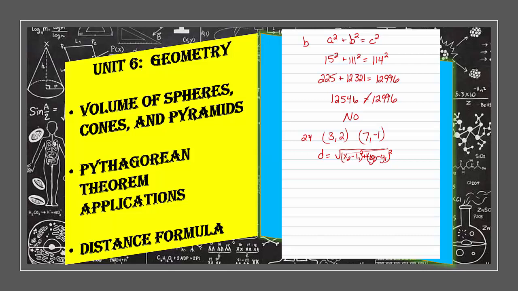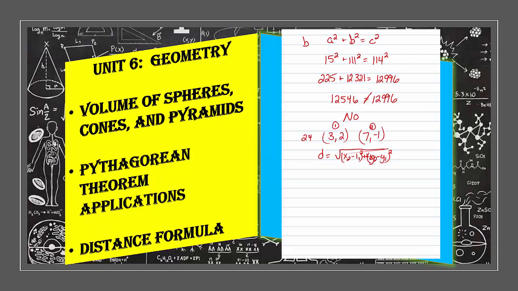So yes, I realize a bunch of letters, a bunch of numbers, but the big thing for us to remember is it is an application of Pythagorean theorem, to where we now just need to know which one of these is my first ordered pair. So I'm going to label that as my first ordered pair, that is my second ordered pair, so I know which x's and y's I'm pulling from.